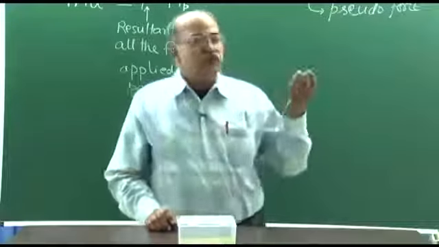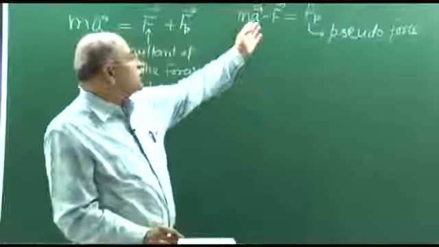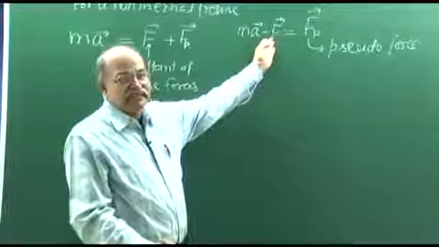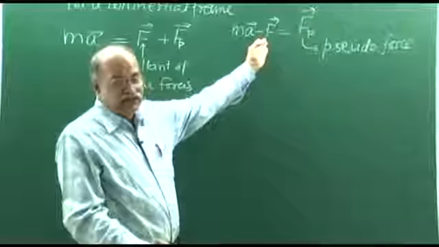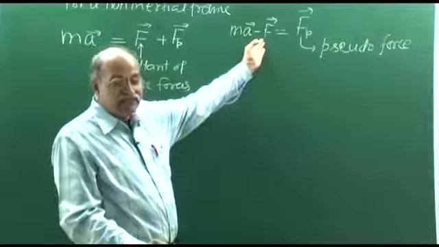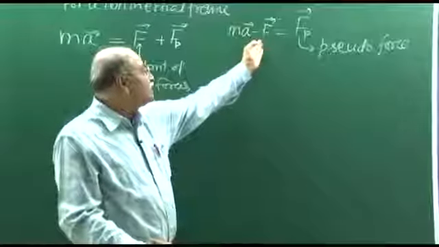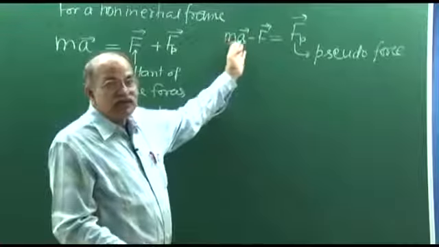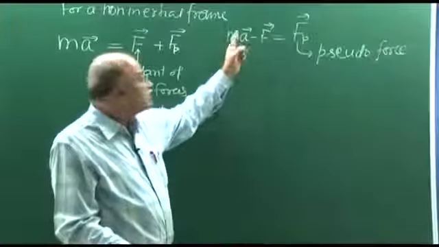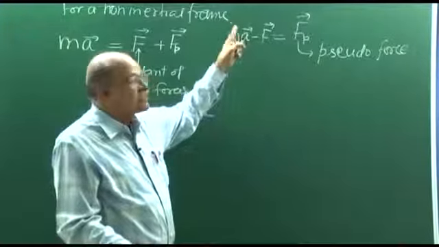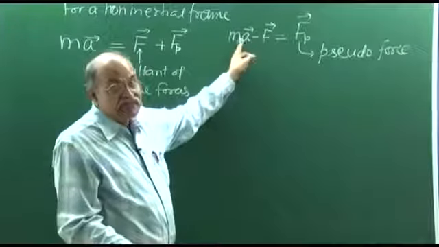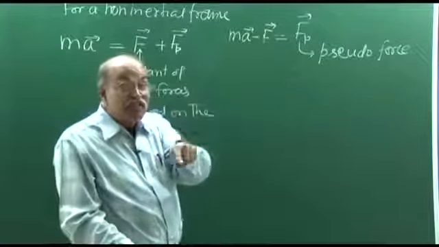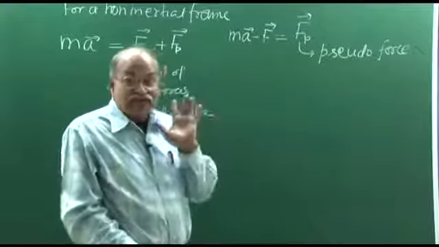If you look at this equation, the real applied force is 0, the resultant is 0 in the horizontal direction. In fact, if you neglect friction, there is nothing, and therefore this pseudo force is just mass into acceleration, this is the acceleration of the particle with respect to that box, which is minus a naught, if a naught is the acceleration of the box with respect to the lab.